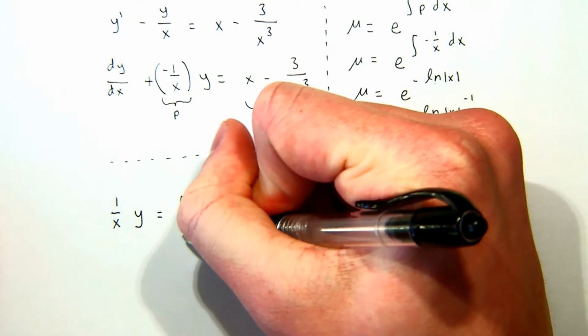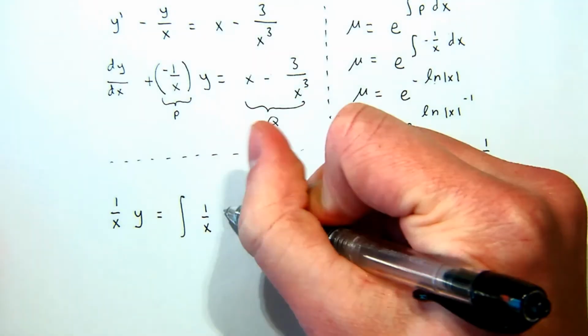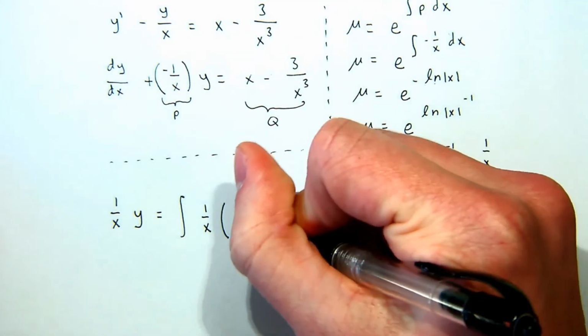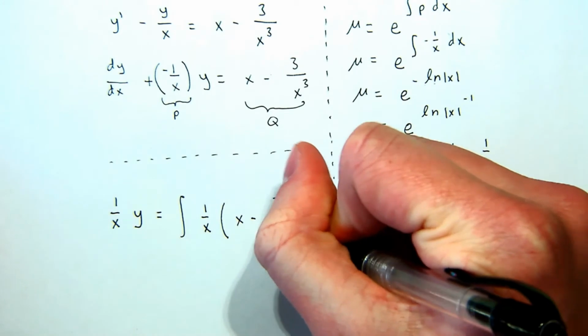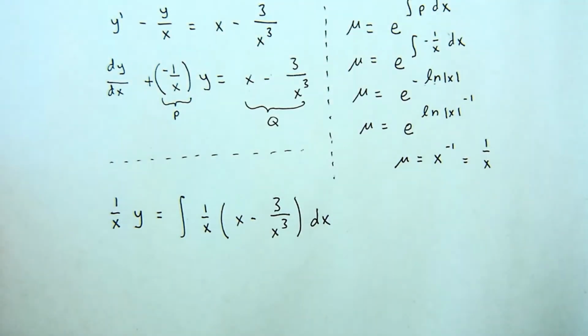So the integral of mu, which is 1 over x, times q, which is from the standard form here, x minus 3 over x cubed, dx. And from here, it's more or less just a calculus problem.